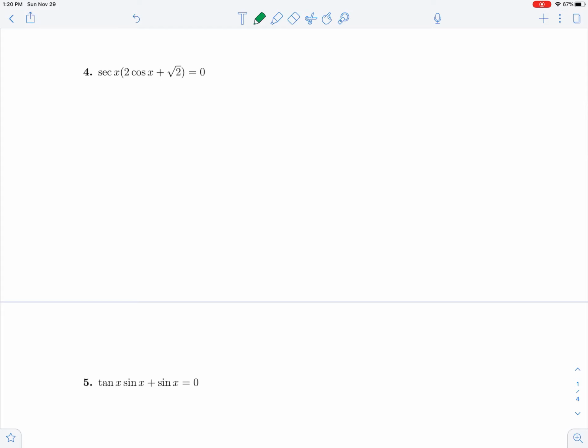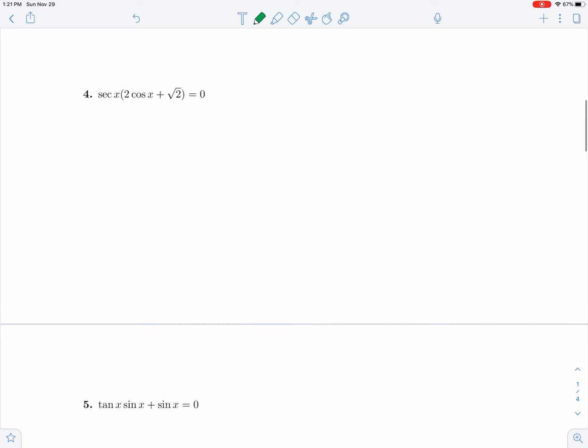For number 4, it's already factored. Set each factor equal to 0. Whatever you do, don't divide by an expression with a variable in it. So I'll say by an unknown.